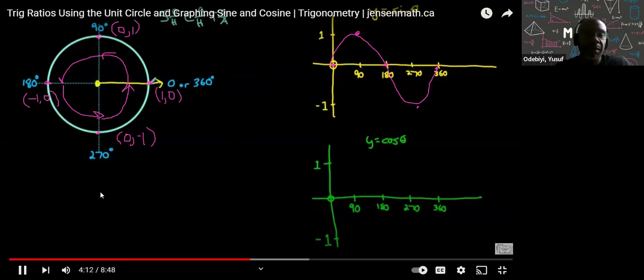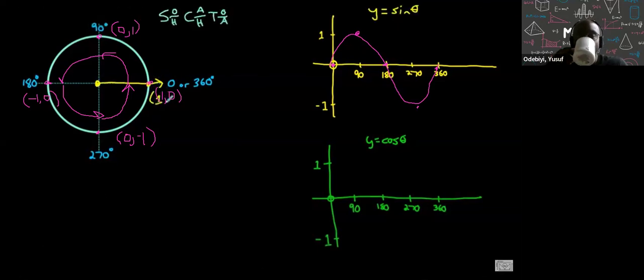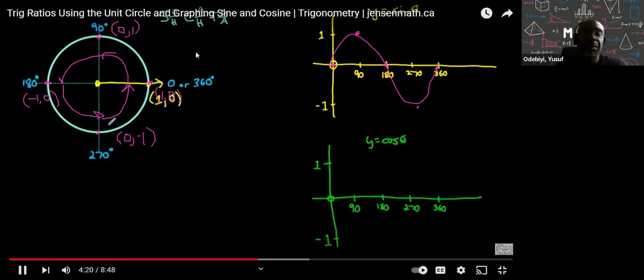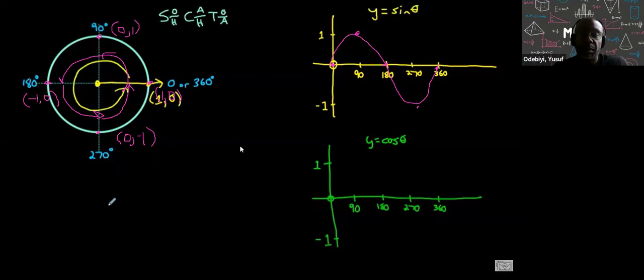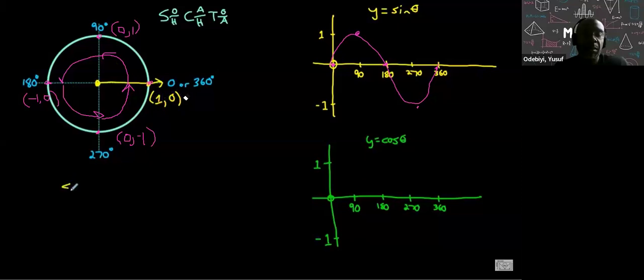So that is going to intersect the unit circle right here at the point 1, 0. And we're going to graph the ratio for sine as we rotate 360 degrees around this unit circle. So if we are going to find the ratio for sine theta, remember sine theta is always equal to y.